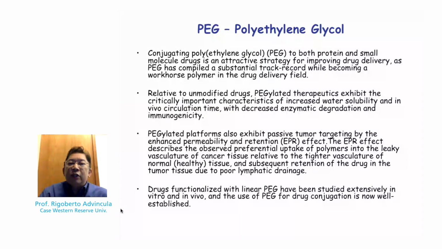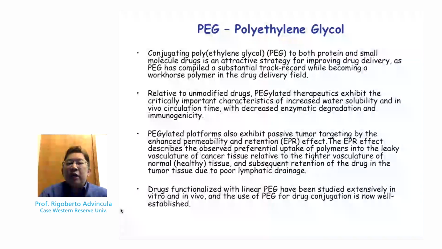So talking about PEG, or polyethylene glycol, used for conjugation. PEG, as I mentioned, is quite versatile and neutral, non-ionic. It is very well known in terms of not producing any type of immunosuppression or immune response, unlike the polycations and polyanions.